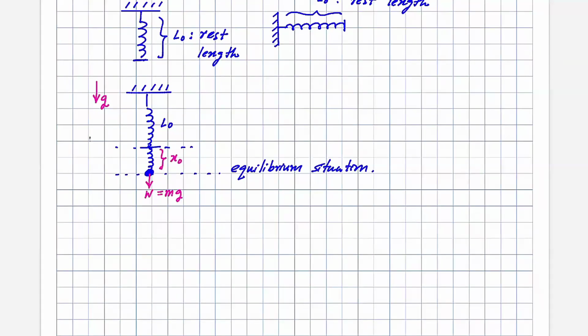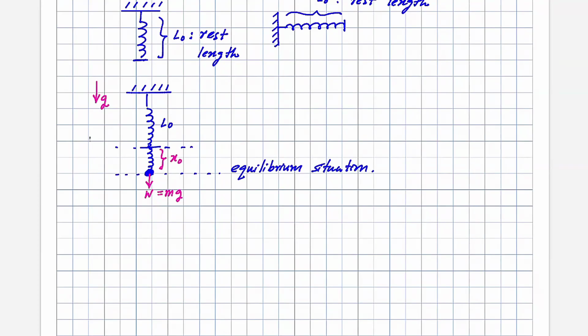So at this equilibrium situation, this mass M is at a stationary position.